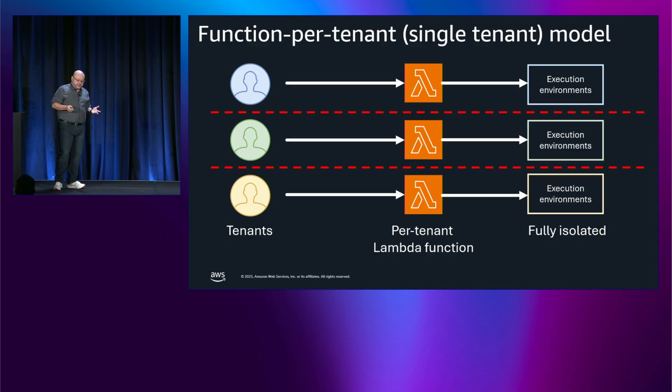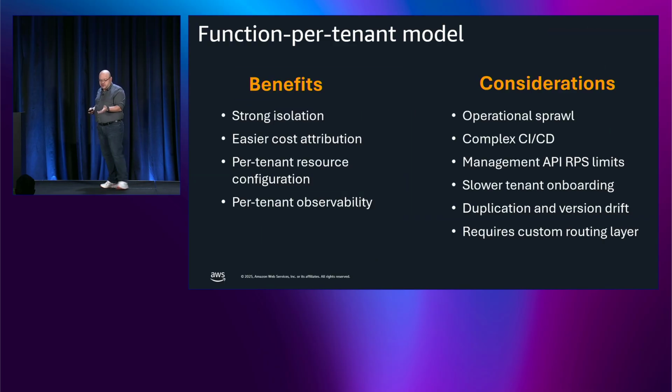But the problem is it comes at a cost. If you have 5 tenants, not a big deal. What if you have 500, 5,000, 50,000 tenants? The benefit of this approach is obviously strong isolation. Since you have function per tenant, cost attribution is a little bit easier. You can configure things per tenant, and observability too.